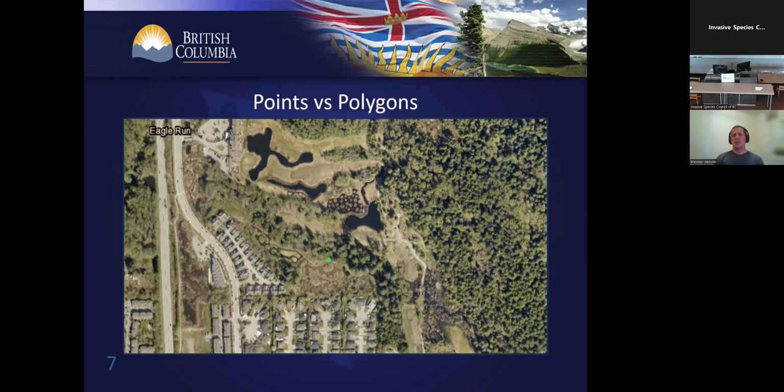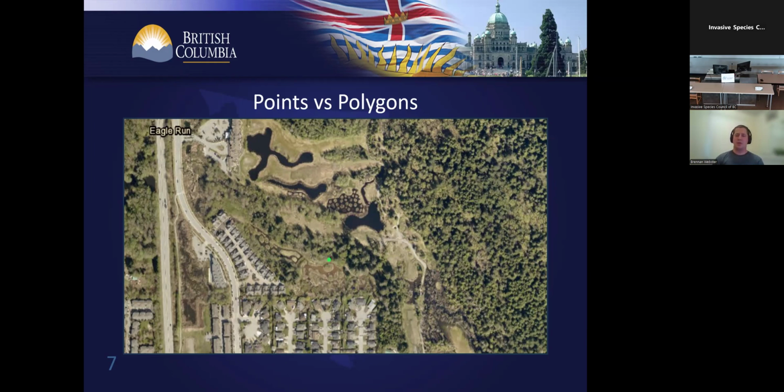When you're looking at this, you need to understand that they also inputted an area, which gives you an idea of how big the site might be. So say this person entered this site and said the area was a hectare. You still can't really understand what the footprint is just based on the point itself.